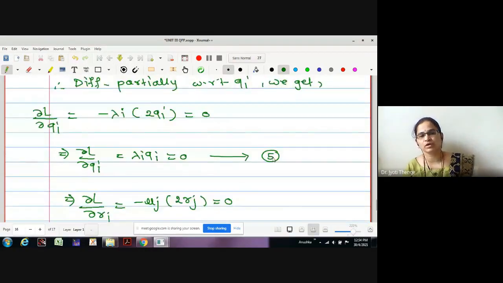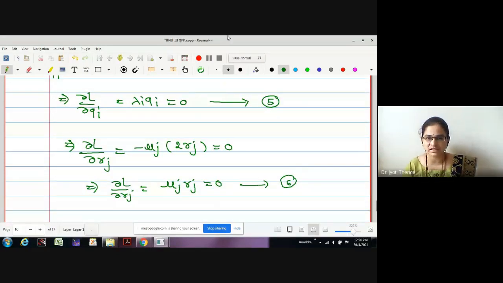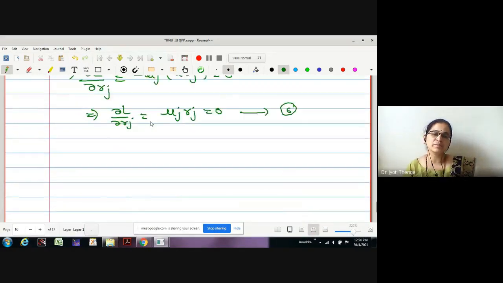Now what we were going to do, look at this 5 and 6. Now we were going to substitute the value of q, or let me write from 5. Now what this 5 equation implies is lambda I qi is equals to 0. Can I write it as lambda I qi square is equals to 0?